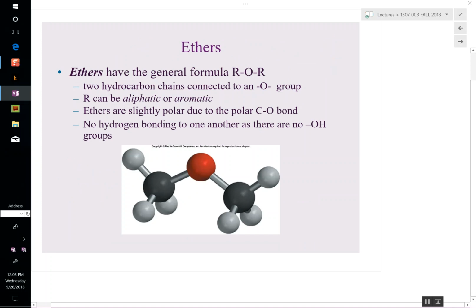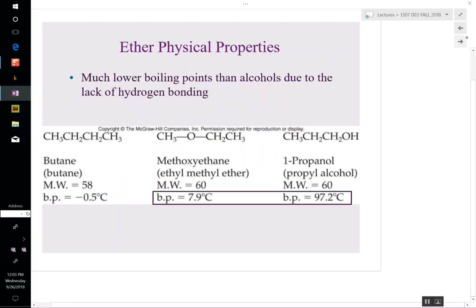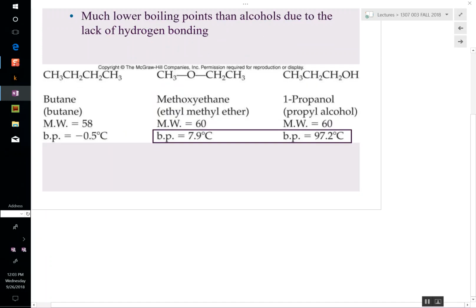Okay, again, there's a little bit more about ethers and maybe some naming of ethers. You can come back. Let's say we had a molecule like this. And we say, boy, how am I going to name that molecule?